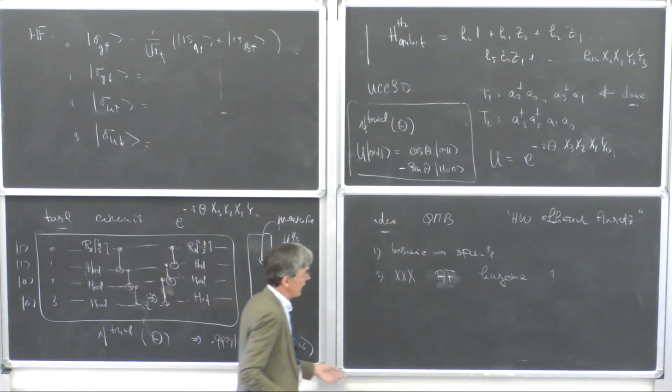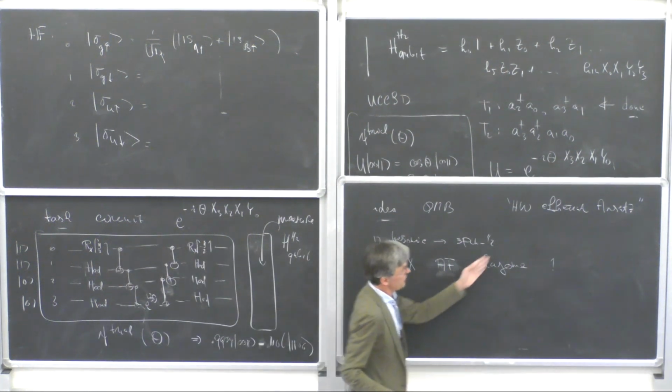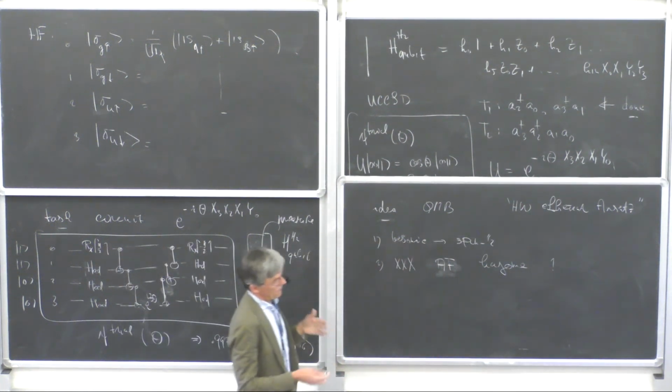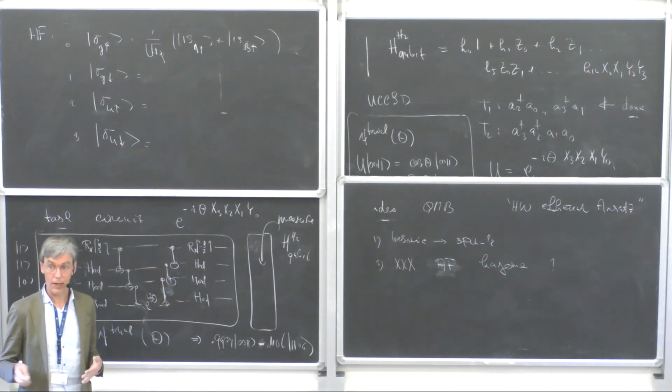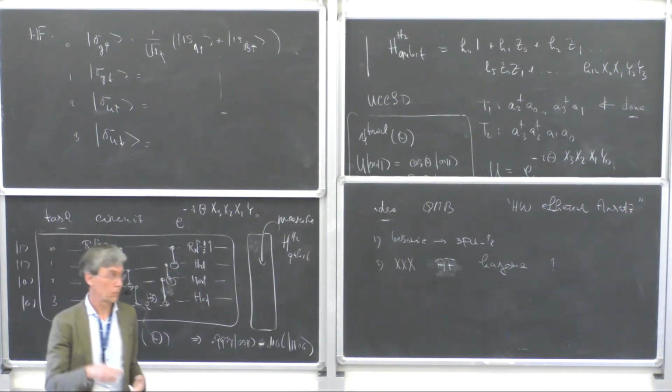And then the next thing, hardware efficient means that the gates that the hardware allows you to have are exactly what goes into the ansatz, so that there's not too much compiling.